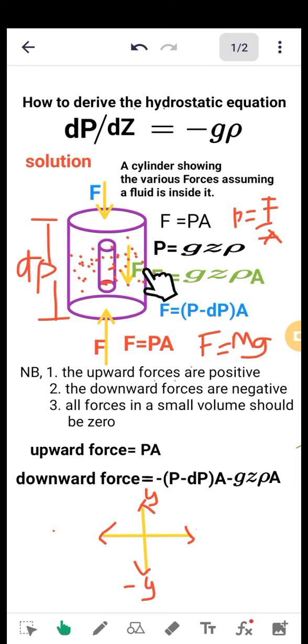And lastly, when we take this force, it is acting on a particular area within this cylinder. So this cylinder is just a projection of the whole cylinder so that it will make our work easy.